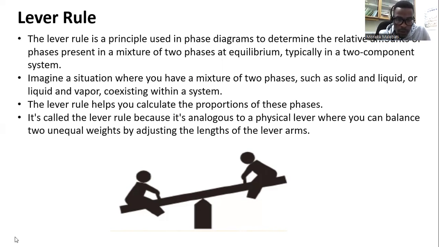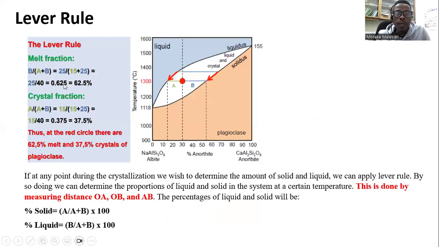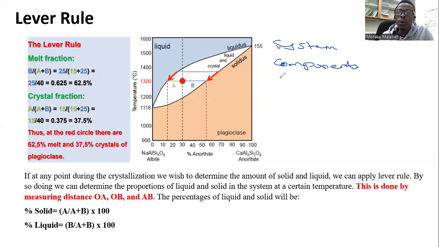Moving right on. All right, let's now talk about the real stuff. Let's start on our phase diagram. We need to define firstly what we call a system. We need to know what our components are, and then what our phases are.